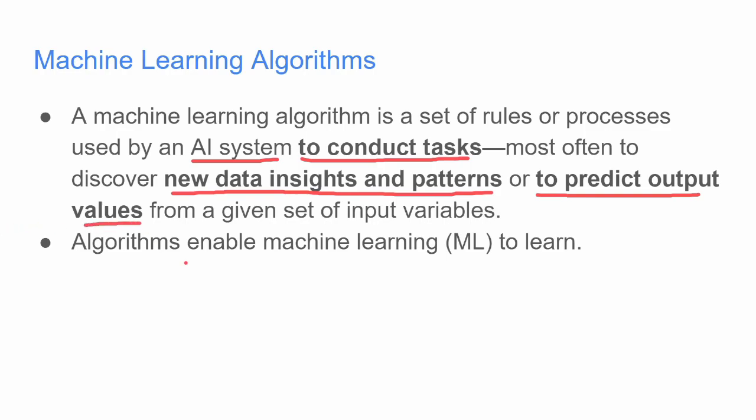So it's a set of rules and processes used by an AI system to conduct any operation. It basically deals with data. If you give certain input data, it will discover new data insights and patterns to predict the output values.